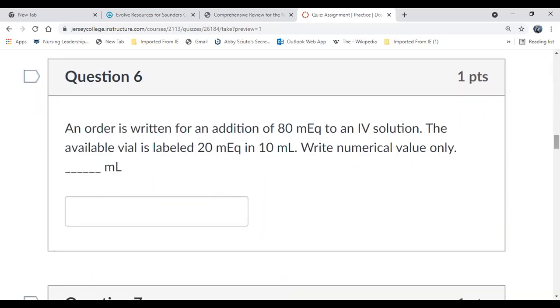The order is written for an addition of 80 MEQs to an IV solution. The available vial is labeled 20 MEQs in 10 mLs. So we have 80 MEQs ordered. On hand, we have 20 MEQs per 10 mL.